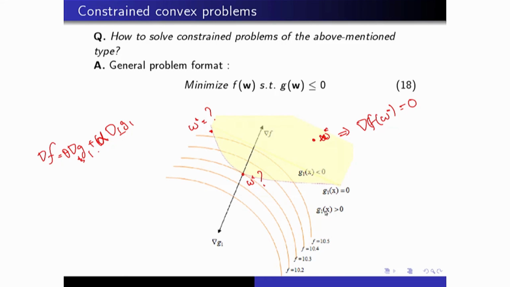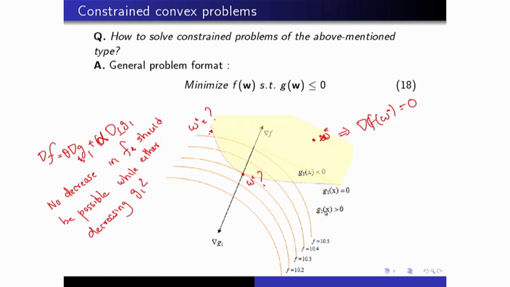So the key is no decrease in f should be possible while either decreasing g_1 or letting g_1 stay equal to 0.